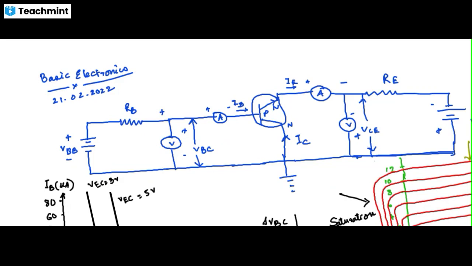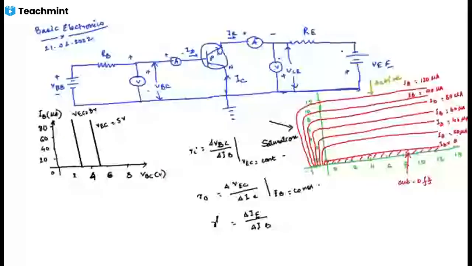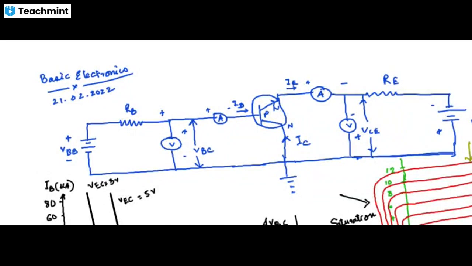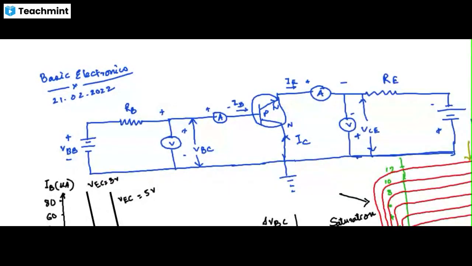So we will use it for impedance matching. Any type of impedance matching, we will use this type of circuit. Understand, everybody? I think you have understood these three transistor configurations.